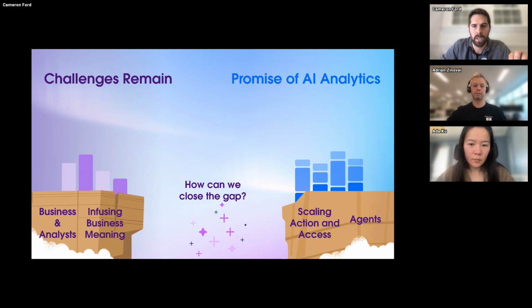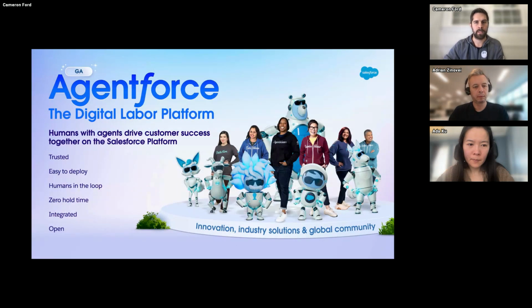So it's not just the data, it needs additional insights that humans are providing. And then we also need agents to be able to scale and take action and also provide that access to data, right? And so allowing a platform to do both of those things is where Tableau and Agentforce is really going to expand the world of possibilities. And so to talk about the right-hand side, right?